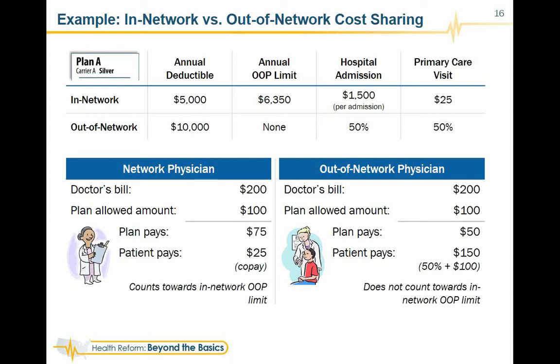And then the patient ends up having to pay $150. So that's the remainder of the doctor's bill, since this is an out-of-network doctor that hasn't agreed to the $100 charge that the plan pays. And then the other important thing to note, in addition to paying more toward that doctor's bill if you go out of network, is that the $150 you pay doesn't count toward your out-of-pocket maximum. So you're not getting that kind of protection if you end up using a lot of care out of network.